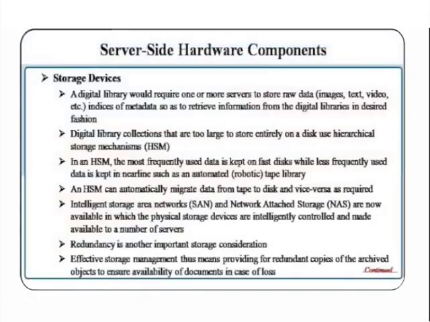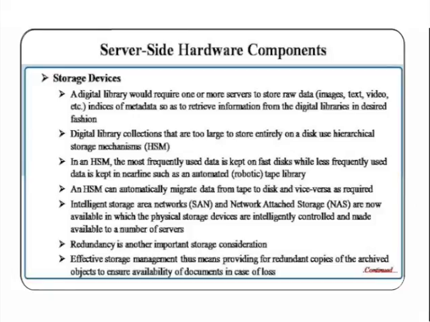A digital library would require one or more servers to store the raw data and indices of metadata, so as to retrieve information from digital libraries in the desired fashion. Digital library collections that are too large to store entirely on a disk use hierarchical storage mechanisms called HSM.